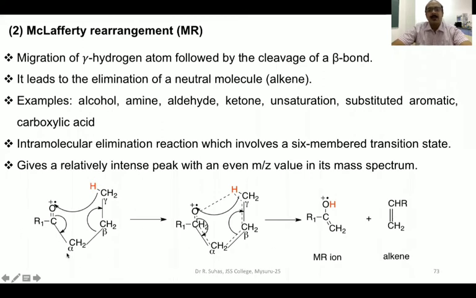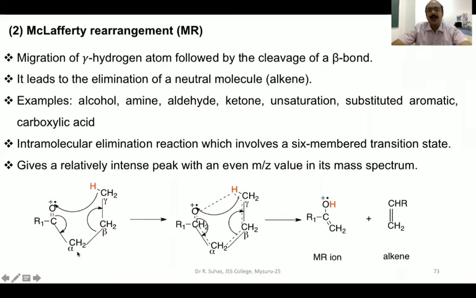Consider a molecule in which there are at least 3 carbon atoms attached to the functional group. That is the prerequisite for the McLafferty rearrangement. So consider any functional group; to that, there should be a minimum of C3. That means 3 carbon atoms should be attached to the functional group. If 3 carbon atoms are not there, then no McLafferty rearrangement can be seen. So consider a ketone here. The ketone general formula is RCOR'.